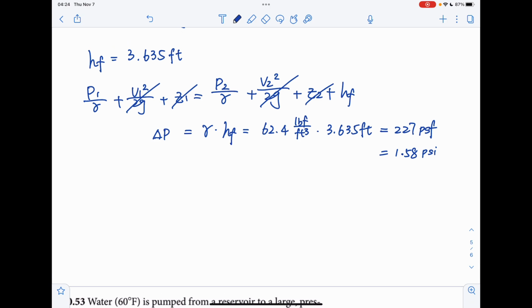And now we're going to find the power that can overcome the head loss. So P equals Q times gamma times the head loss over 550.